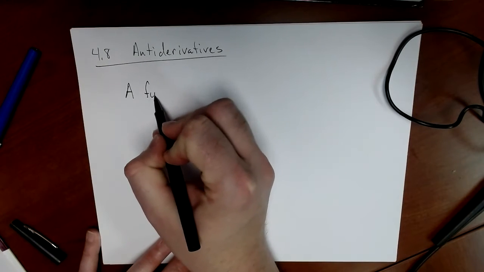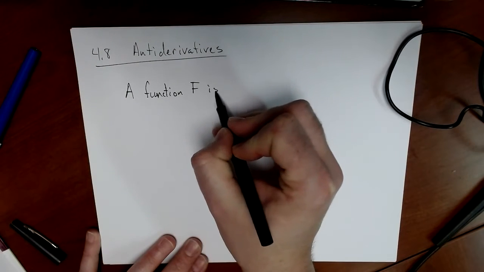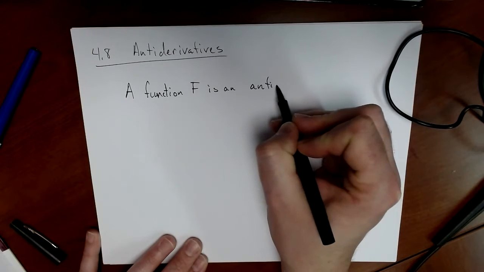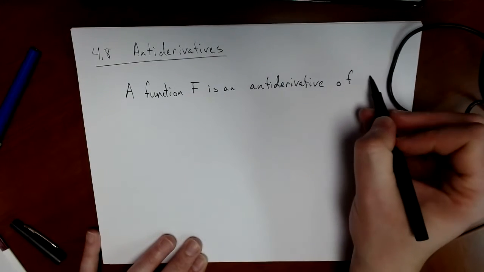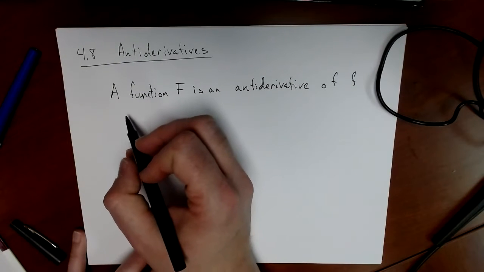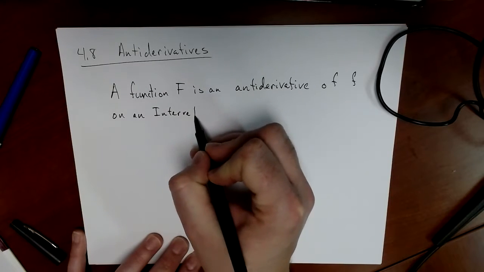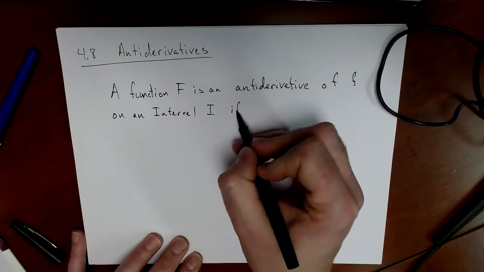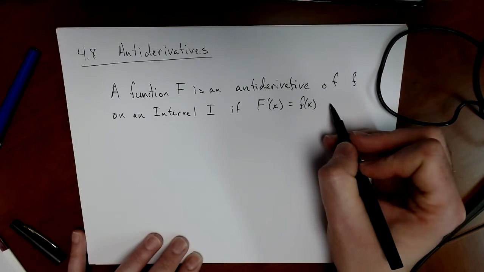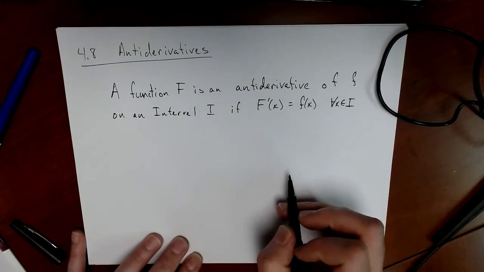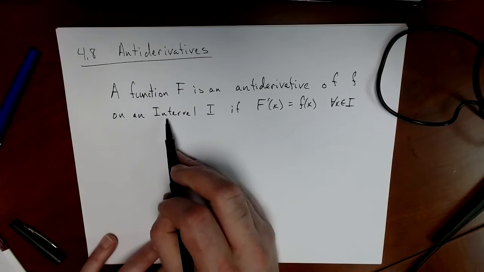A function cap F is an antiderivative of little f on an interval I if cap F prime of x is equal to little f of x for all x on that interval I. Generally, these intervals are going to be all real numbers for us, or at least the domain of the function, so don't worry too much about the interval part.